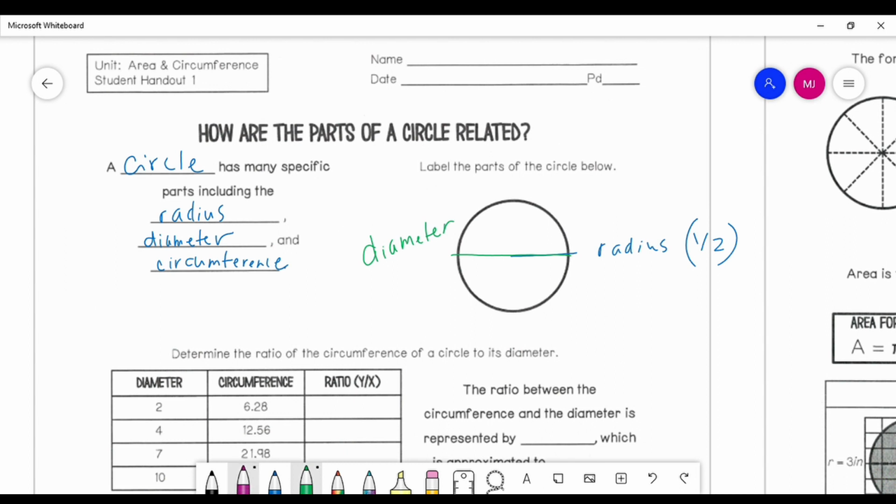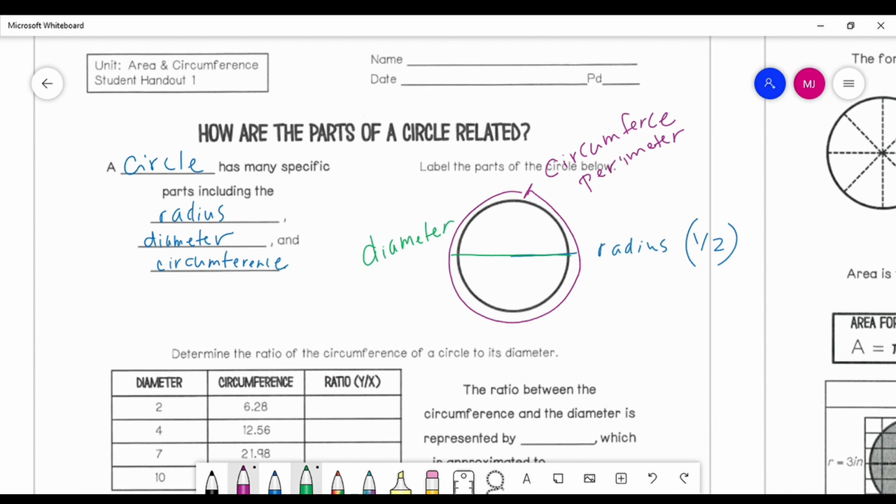And then circumference is around the circle. It's basically perimeter. So usually when you're dealing with perimeter, you think of rectangles and squares and triangles, and you just add the sides. But you can't do that with a circle because it's round. So we have to use a special formula for what we're going to learn today, so we can find the perimeter of a circle. Questions so far?